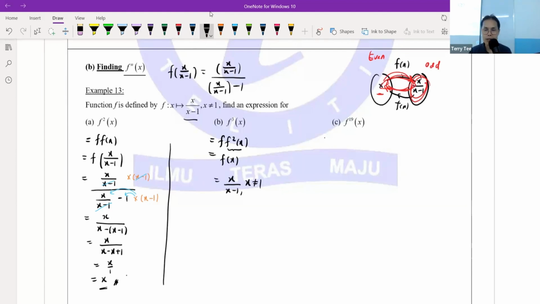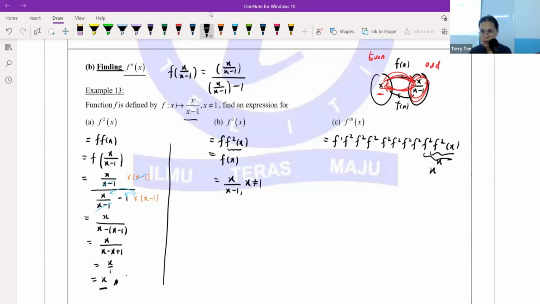So if you have f19, you can think single one. And how many 2 must I have? 18. I must write 9 times of f2. 1, 2, 3, 4, 5, 6, 7, 8, 9. Every f2 will map onto x. Then you sub inside here.